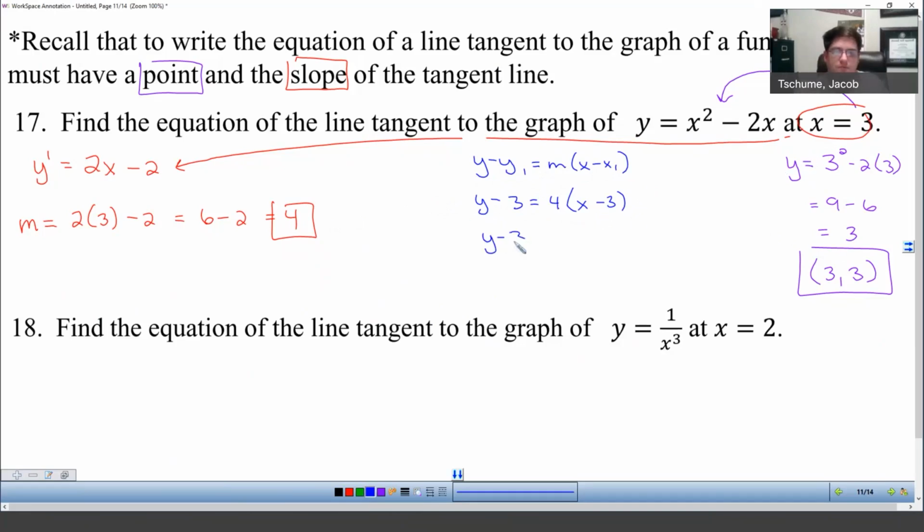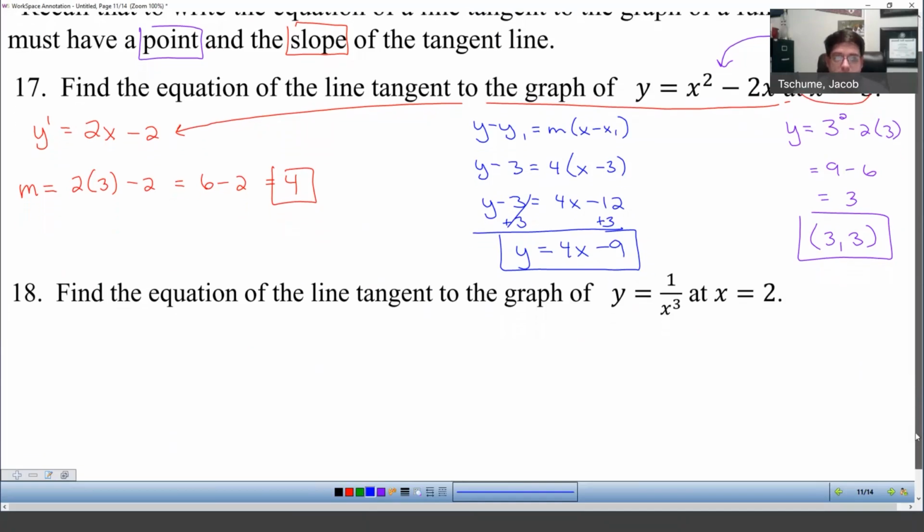Multiply that 4 through. So y minus 3 equals 4x minus 12. And then if you add 3 to both sides, you will have your final answer. y is going to be 4x minus 9. And that is how you find the equation of a tangent line. Like I said, you can go back to the last video if you need a recap on that, but this is the technique we can use now that we know a shortcut.